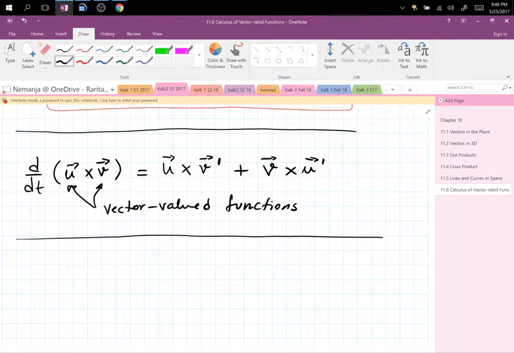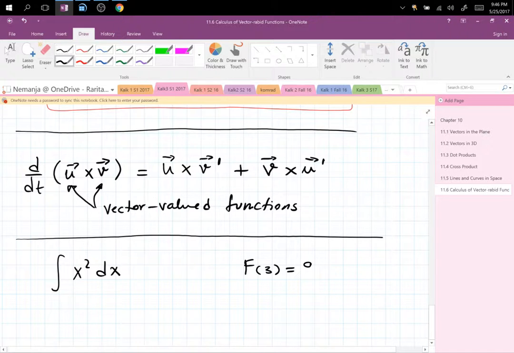So say you have the integral of x squared dx, and you are given that f of 3 is 84, whatever.